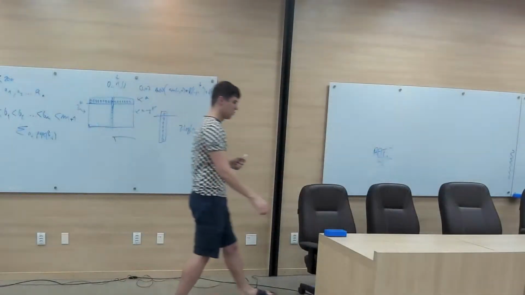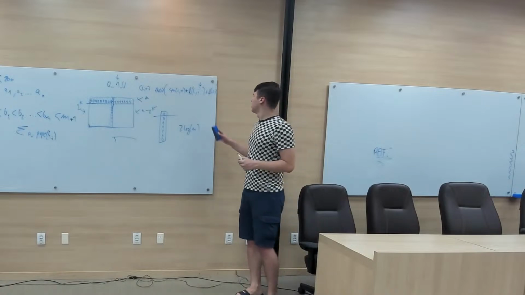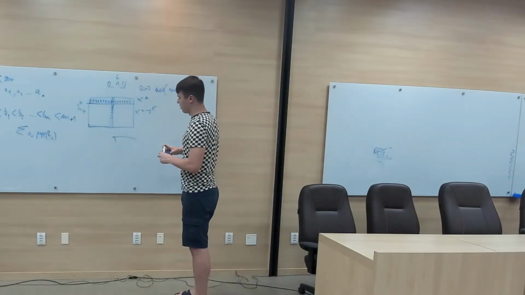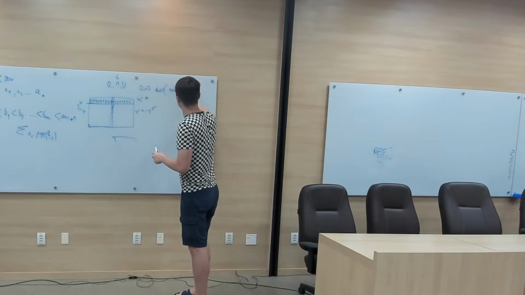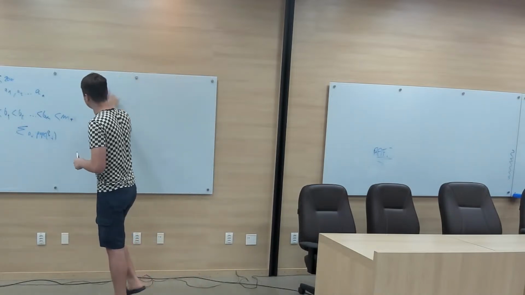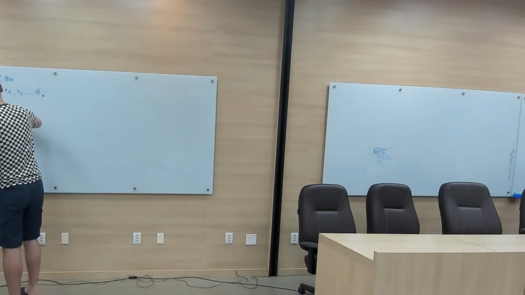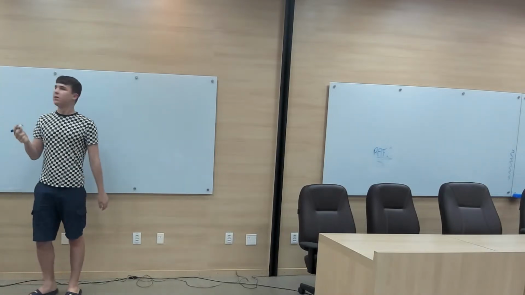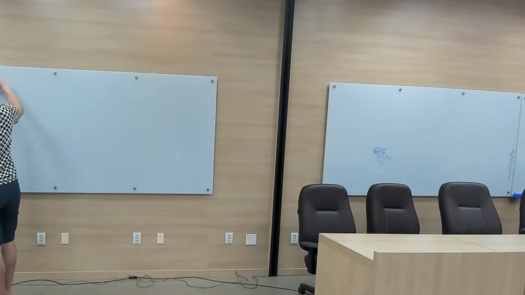Okay, so I think we're gonna have a coffee break roughly now. I will just tell one more thing before the break. Let's say we have a sequence of elements.